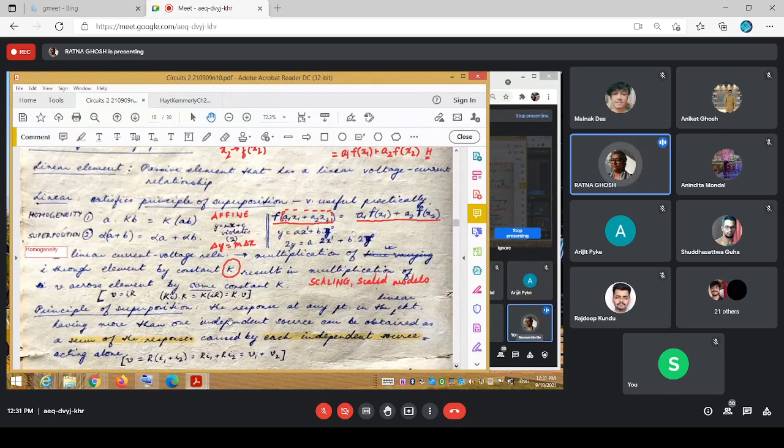If it's non-linear, then you have no such guarantee. Please understand that. You put on one particular source and then you switch on the other source that interacts non-linearly with the first source. As a result, the net effect is not just a mere sum total. It could be some other effect.